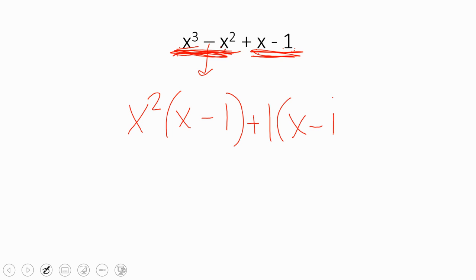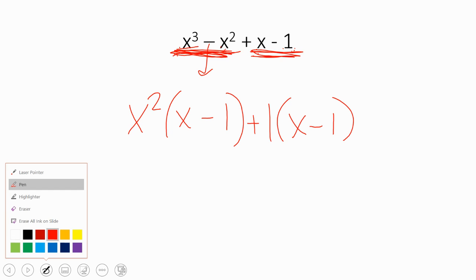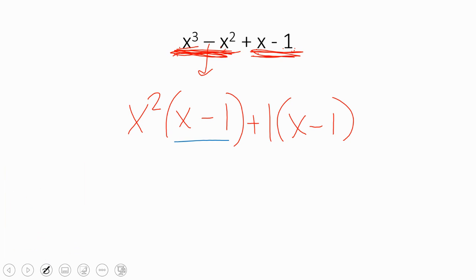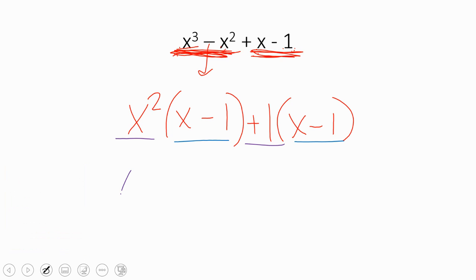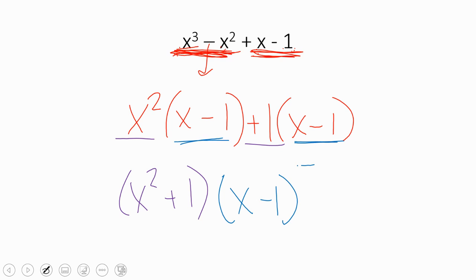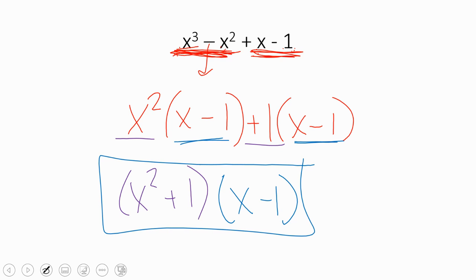So I'm still left with x minus 1 on the inside. I have the same thing on the inside, so it's all good. If you don't have a GCF to take out, then you just factor out a 1. So now I have x squared plus 1 and x minus 1. Final answer.